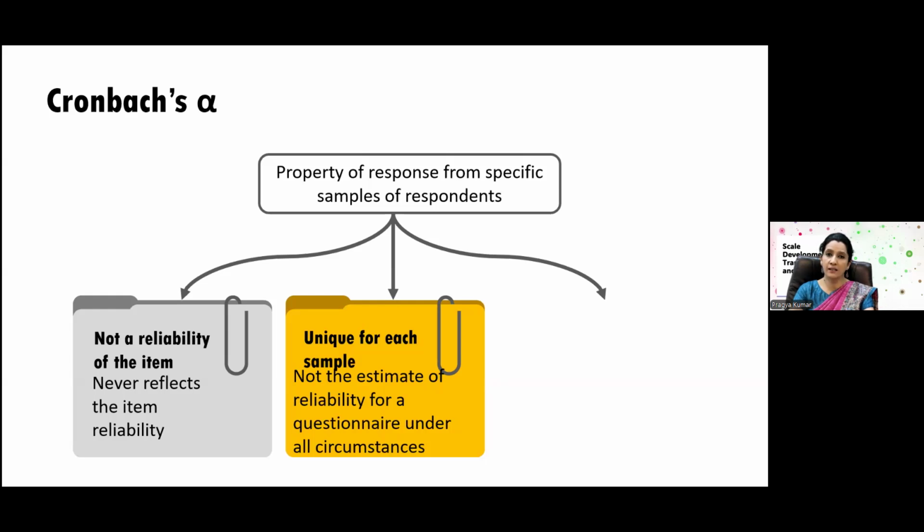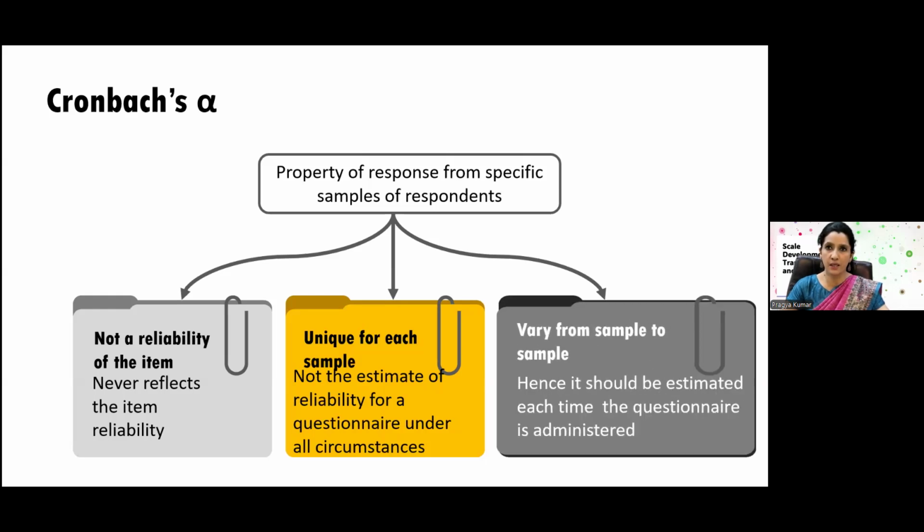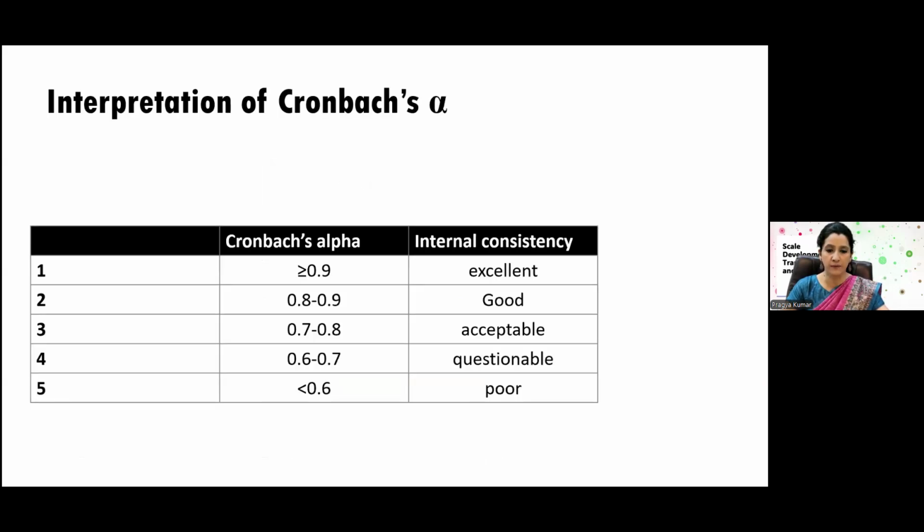You can calculate the correlation of each item. But Cronbach alpha is for the whole population, means the scale score of that population. So it is unique for each sample, and it is not universal for all circumstances, and it varies from sample to sample. Therefore, it should be estimated every time you administer the questionnaire.